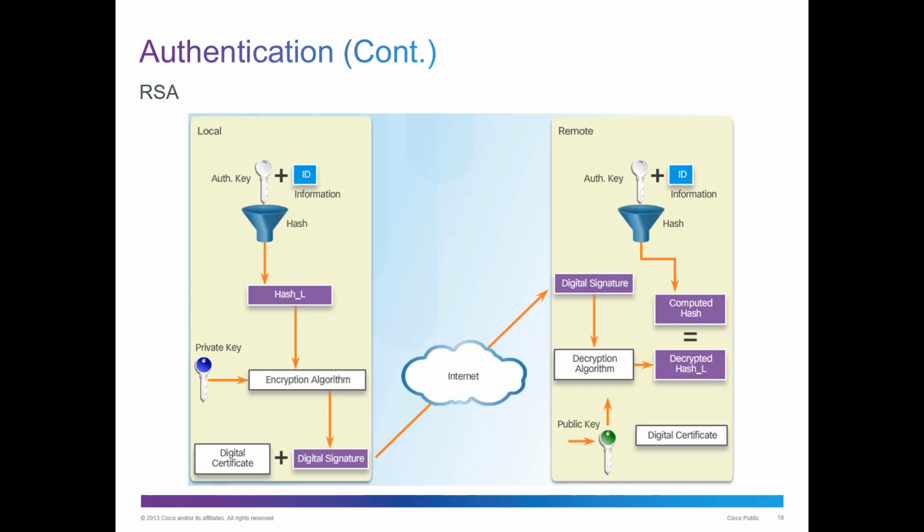The digital signature will have to go through a decrypt algorithm for a decrypted hash, and we will compare the computed hash and the decrypted hash to see if they are equivalent. For the decryption algorithm, it will use a public key. Notice here, public versus private key. That's going to be asymmetric key systems. And that's how you can verify if the keys used are the appropriate keys. And then, are the users authenticated based off those key values?